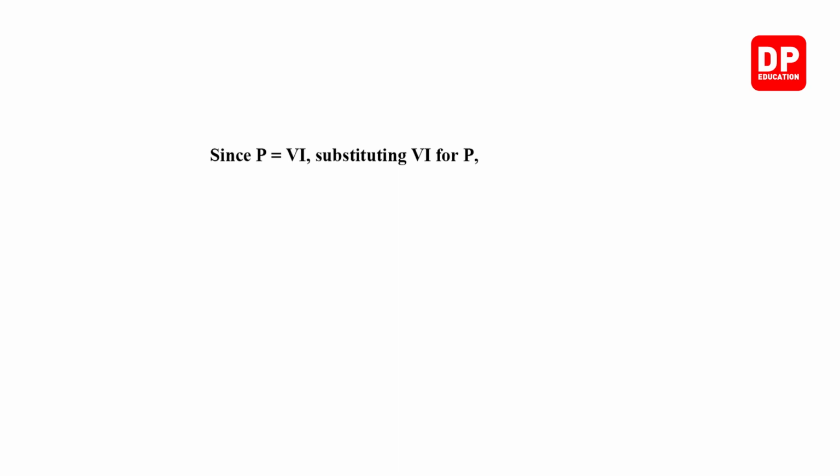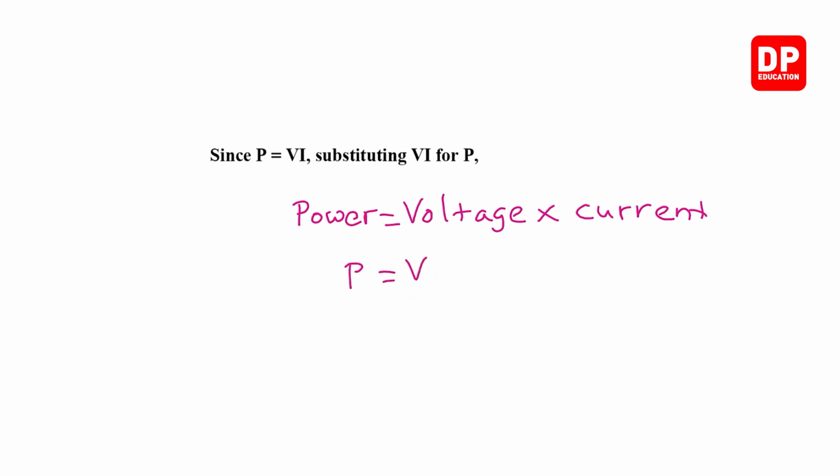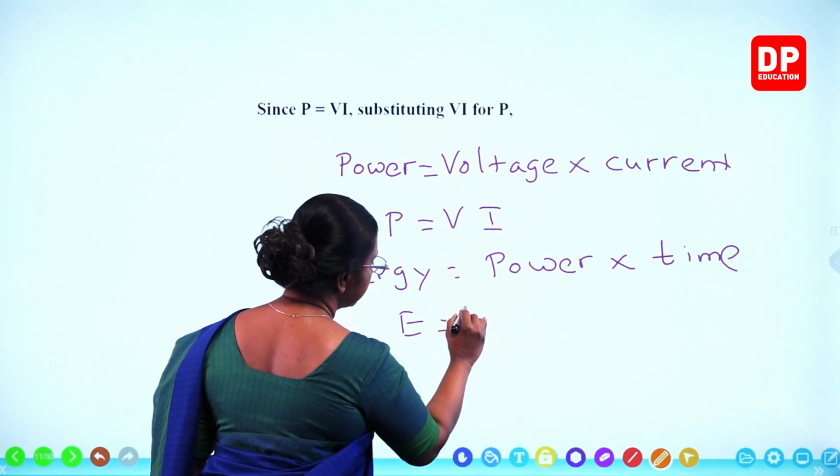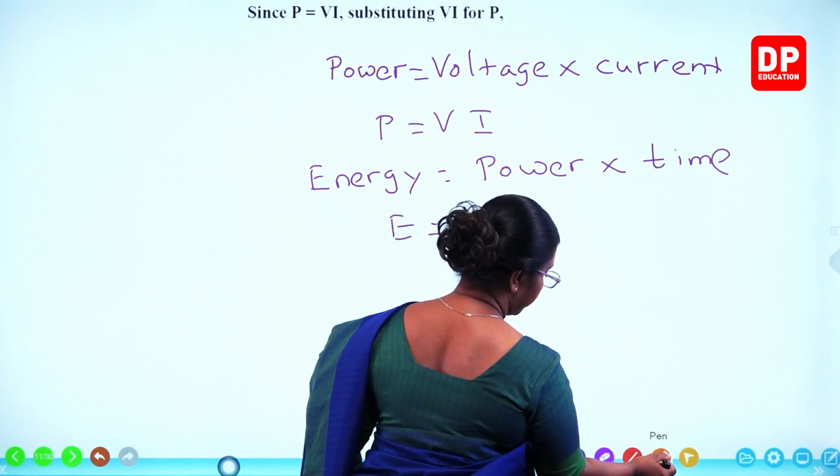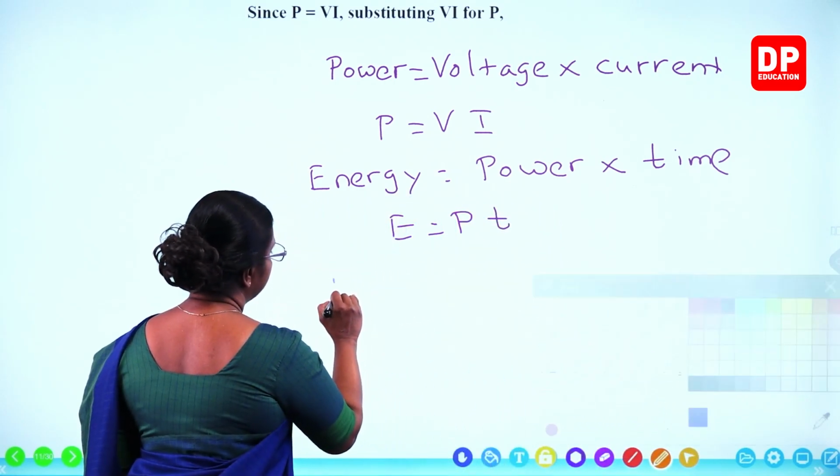Since P equals VI, we have already discussed that power equals voltage into current, that is P equals VI, and energy is power into time, that is E equals P into T. So in this, if you substitute, what happens?